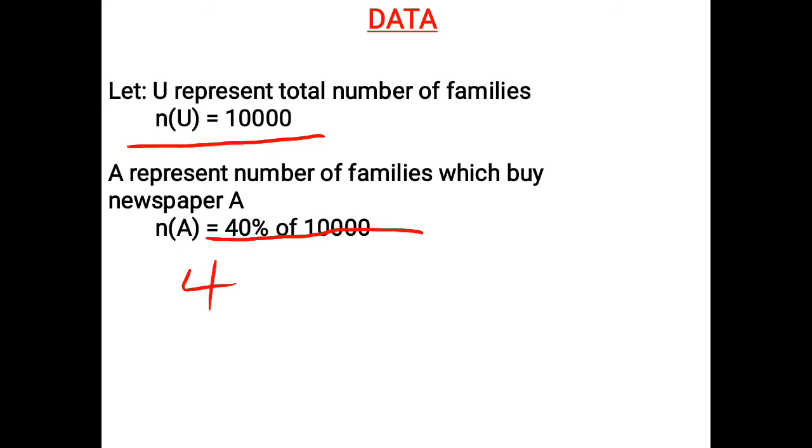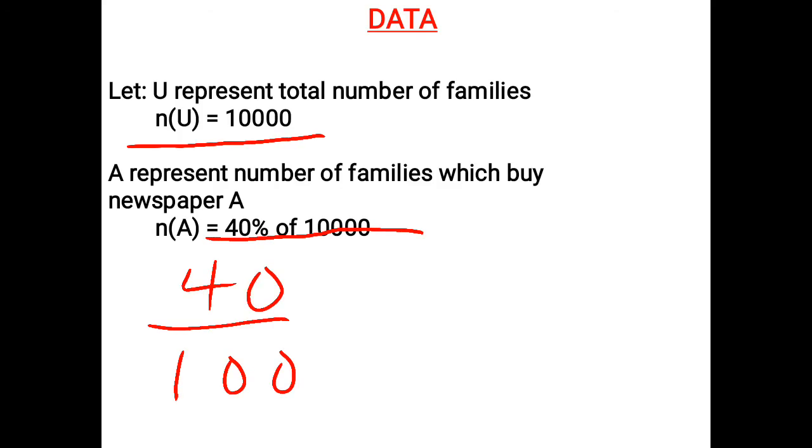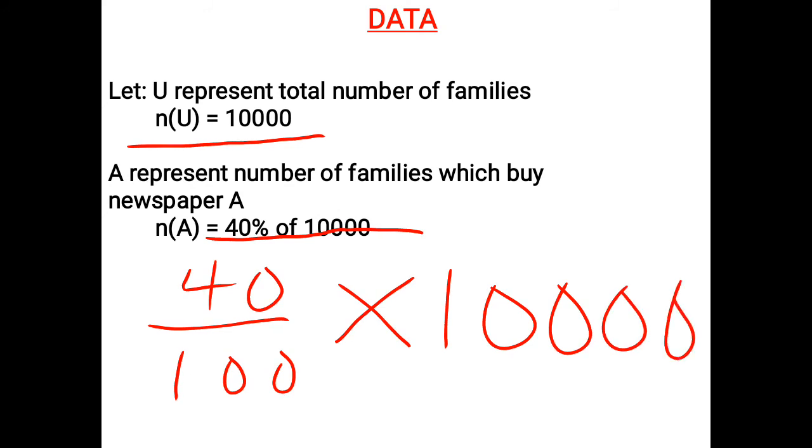So 40%, we know that 40% means 40 over 100. In mathematics, we know of means times. So 40% of 10,000, that is 40 over 100 times 10,000. Then my 2 zeros here will cancel 2 zeros here.